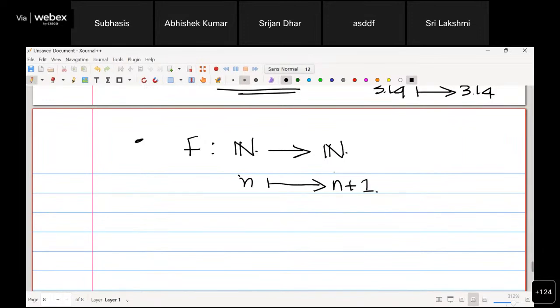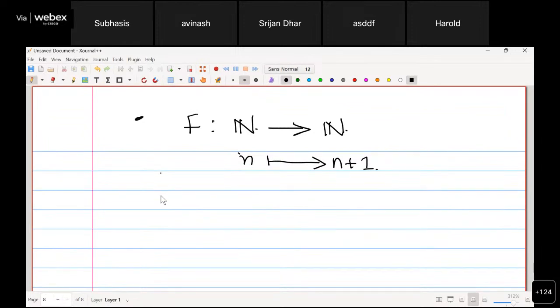So what is the domain here? All natural numbers. What is the codomain? Natural numbers. All natural numbers. Now you tell me what will be the range of this function? 1 to infinity.